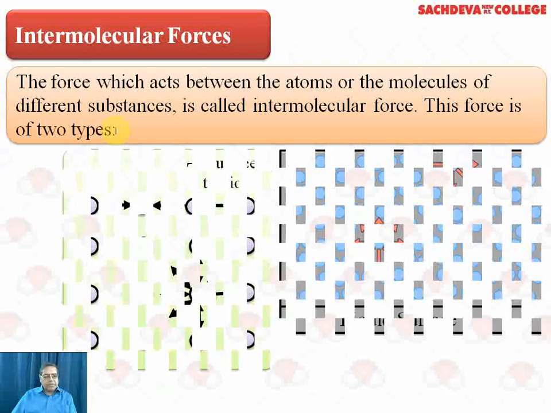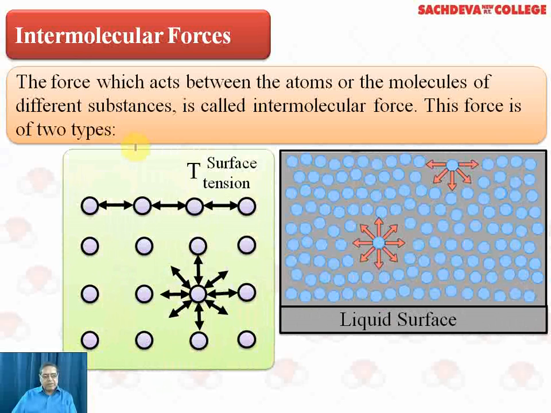So we further proceed. In the figure, in the right portion, there is some liquid and a molecule within the liquid, and we find that the forces are in all directions. But on the surface, we find the forces will be towards one line, that is at 180 degrees, under the water between the different molecules.